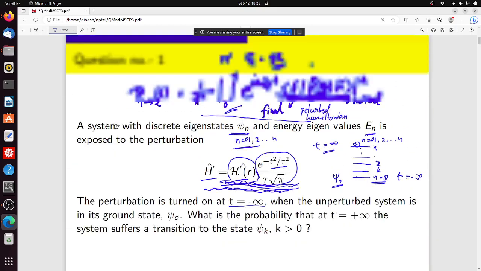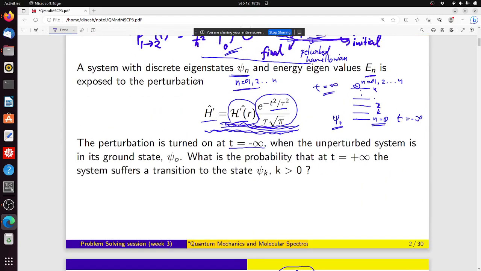So what is the question? So we had discrete energy states psi n, n goes from 0 to n, and corresponding eigenvalues were E_n^0, where n also goes from 0 to n, and we are given a perturbed Hamiltonian as this, which has spatial dependency and temporal dependency, and we were asked to calculate the transition probability from psi 0 to psi k, where this time goes from minus infinity to plus infinity.